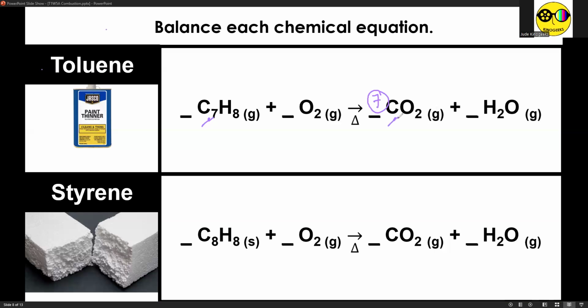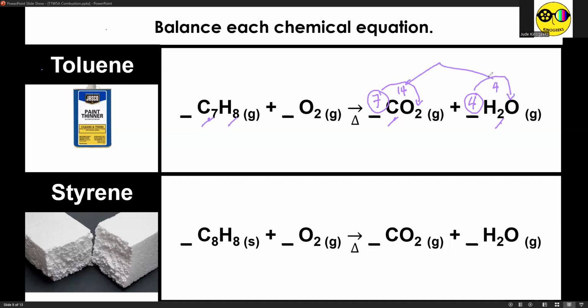Okay. For hydrogen atoms, there are 8 hydrogen atoms at the left side and only 2 hydrogen atoms at the right side. So for 2 to become 8, you have to multiply water by 4. For oxygen, there is 7 times 2 equals 14 oxygen atoms in carbon dioxide, and 4 times 1 equals 4 oxygen atoms in water.